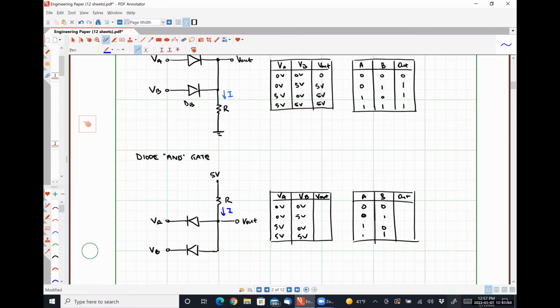But that's only going to be true if it happens to both of these simultaneously, right? So that's why this guy is an AND gate. Only when input A and input B are high, both of these act like a short circuit. And so we're forcing this whole node to be high, which means there's no voltage drop over our resistor, and therefore the output is at 5 volts.